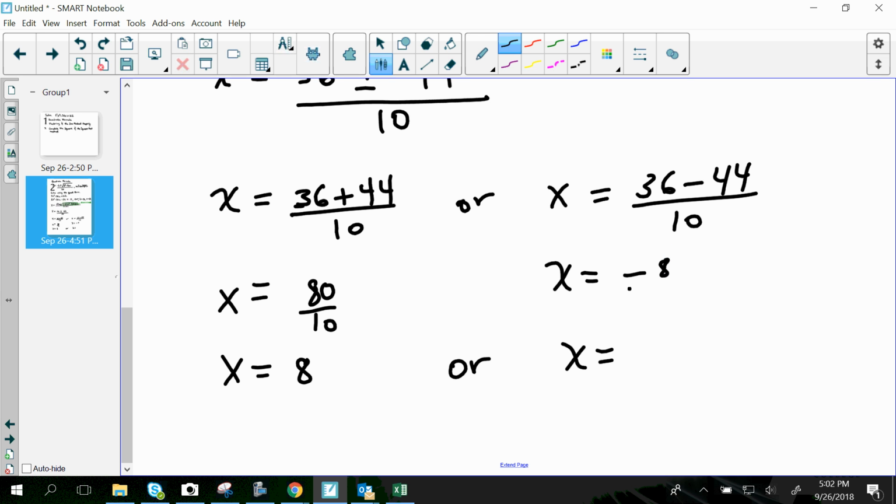Negative 8 over 10, which equals, since 2 goes evenly into both of these, negative 4 over 5.